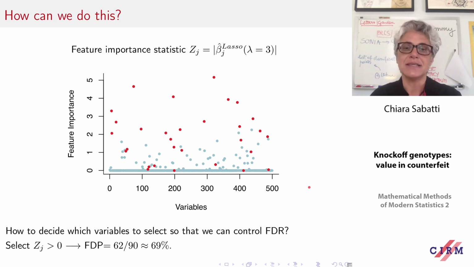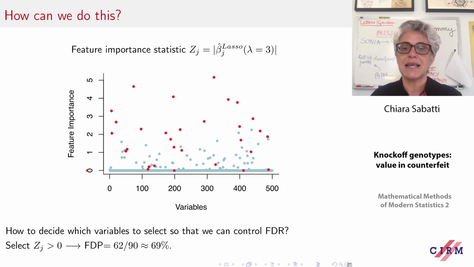Then I run on this data set a lasso with a lambda parameter equal to 3. And I obtain a feature importance statistic that is simply the absolute value of the coefficient of the lasso. What I plot here is the variables in simple order, 1 to 500, and the value of their feature importance statistics.